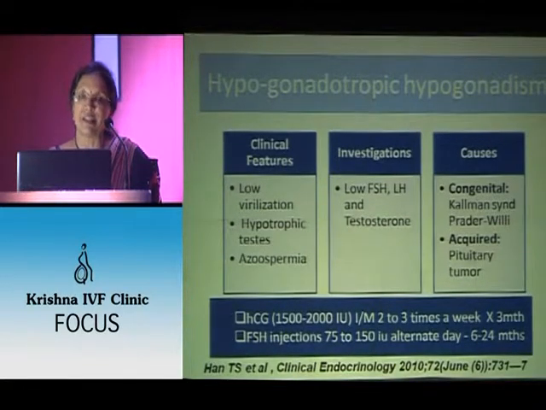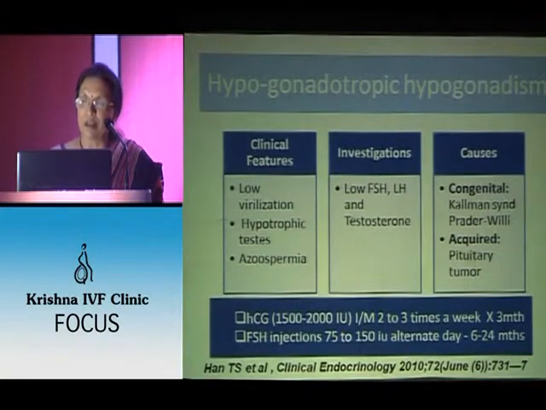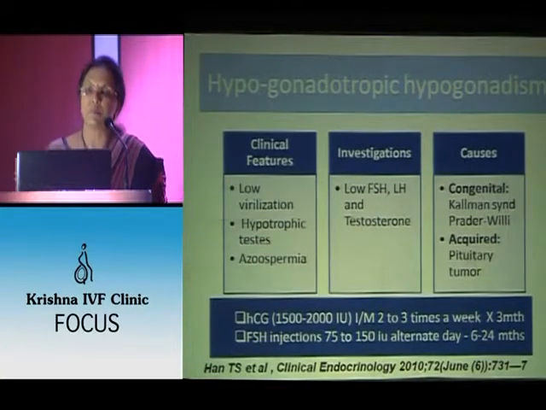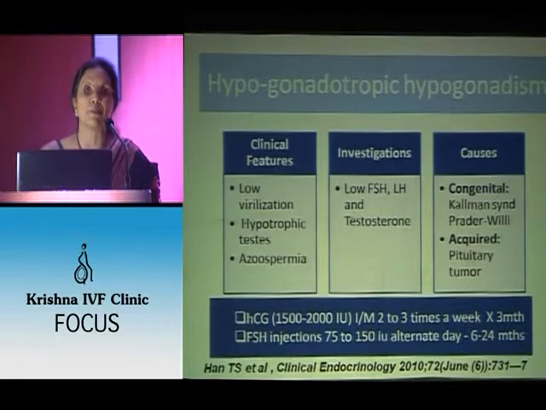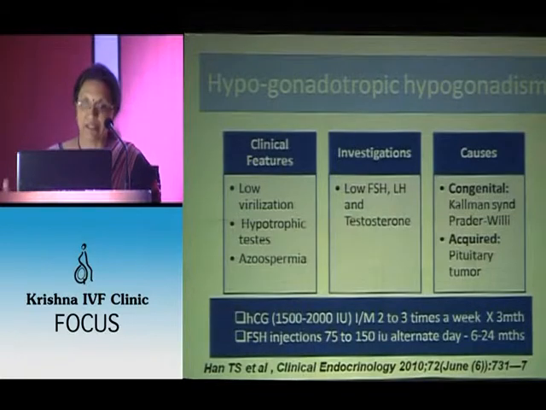Out of the investigations, the most required are, we find a low follicle stimulating hormone, luteinizing hormone, and total testosterone levels are all low. Causes could be congenital or acquired. Congenital, well known, are Kallmann syndrome and Prader-Willi syndrome. Acquired are any pituitary tumors or anything which compresses the hypothalamic pituitary stalk, the gland, or the hypothalamus itself.